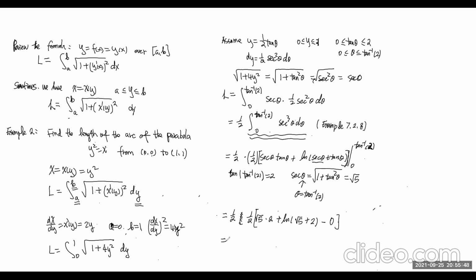By simplification, we have the square root of 5 over 4 plus ln of 2 plus square root of 5 over 4. Okay, this problem's computation is kind of complicated, but it's still okay.